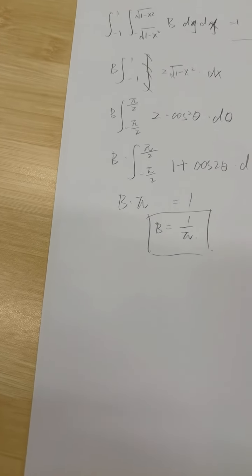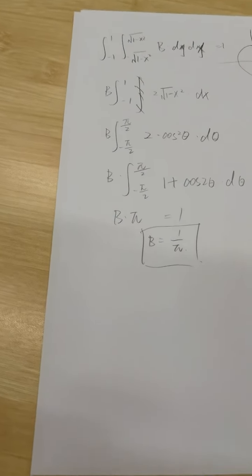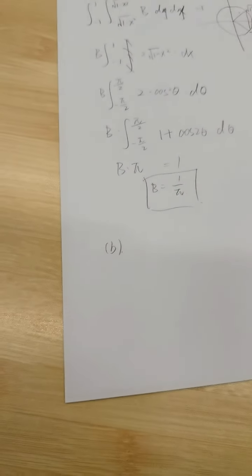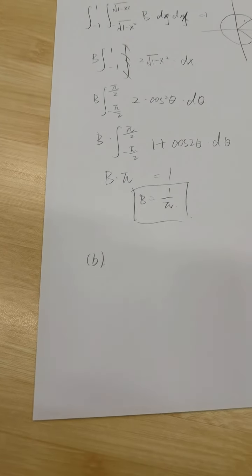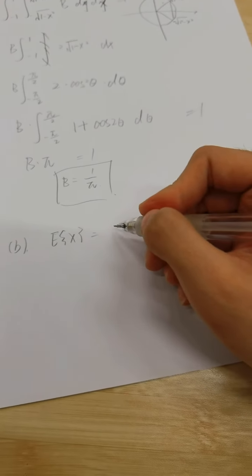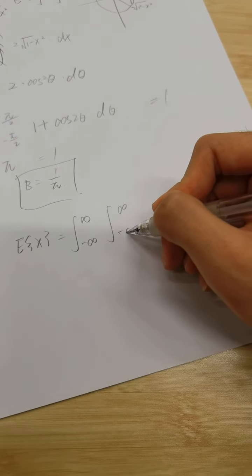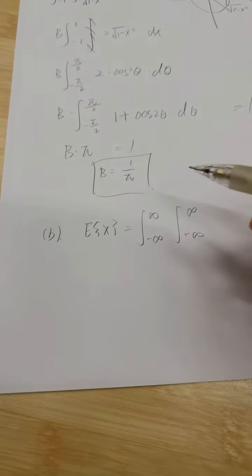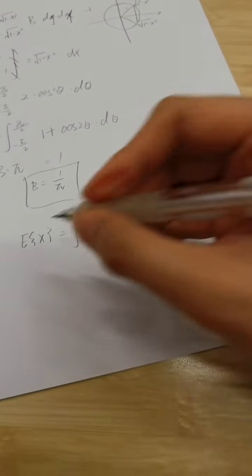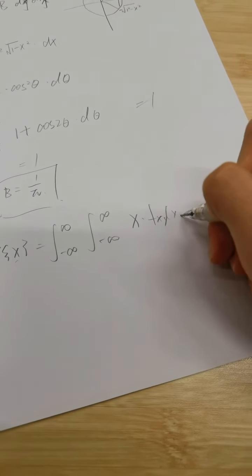After that, they want us to find E[X] and so on. There are many functions, so let me calculate them one by one. Firstly, I want to find E[X]. As we know the formula, it is the integral from negative infinity to infinity of x times f(x,y), because I just want to calculate x and f(x,y) over x and y.